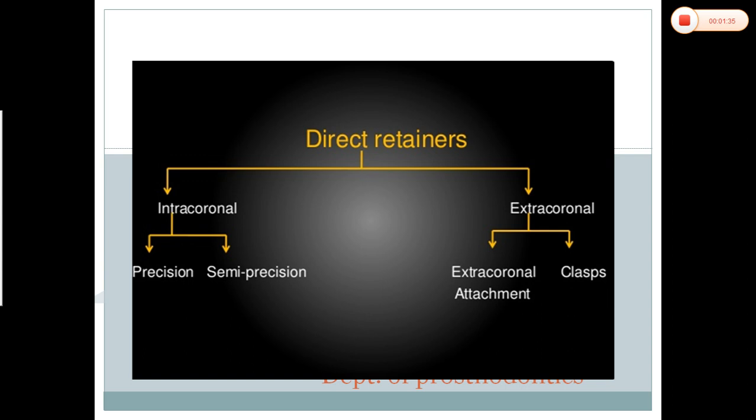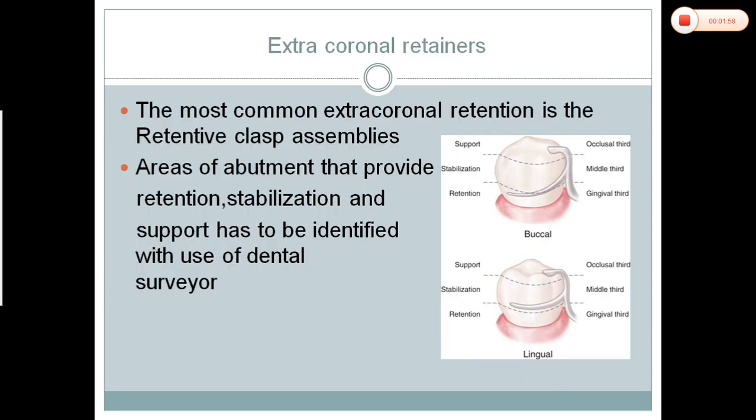So, these serve as stress breakers, as stress relievers. Extracoronal attachments will be dealt with in the later part of your other chapters. In this chapter we will be more concerned about clasps, or commonly known as retentive clasp assemblies.